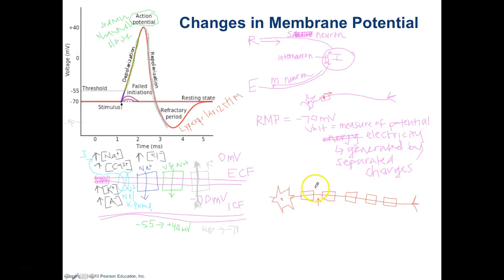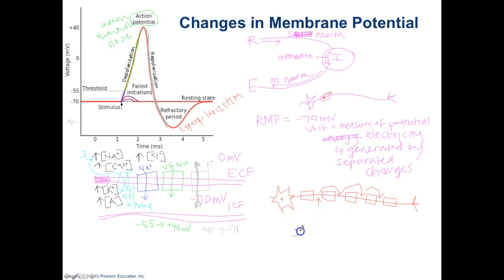So an action potential will happen here, and from this area, instead of moving through this entire axon here where we have the myelin sheath, it's going to jump and have the next action potential take place here, and then jump again, so that we can move through this nerve a lot faster.